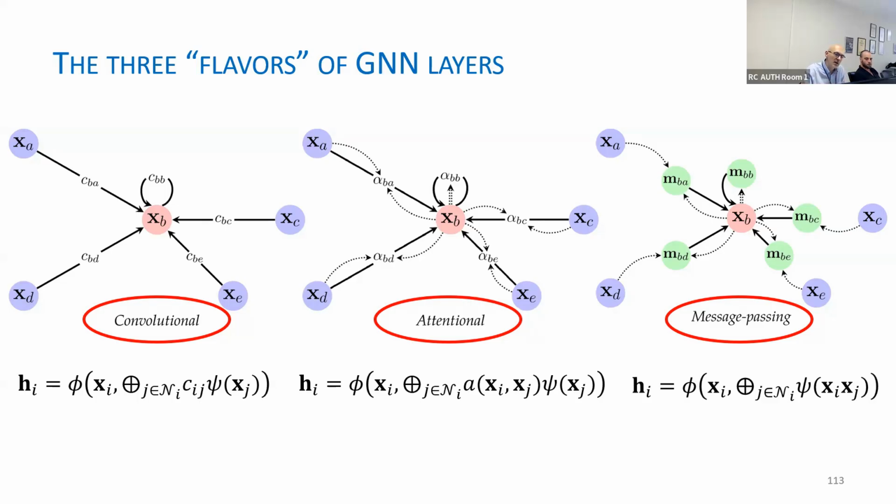Now I have one slide for each of the three cases, but you see from this slide that the difference basically is in the way the information from neighboring nodes is accounted. So the first one accounts for just the information which is on the edge in the convolutional version. The attentional one instead accounts for a function, this function a, which is related to both the nodes.